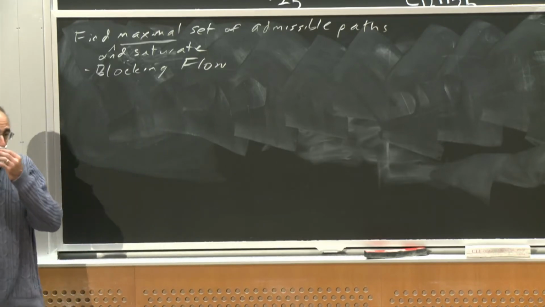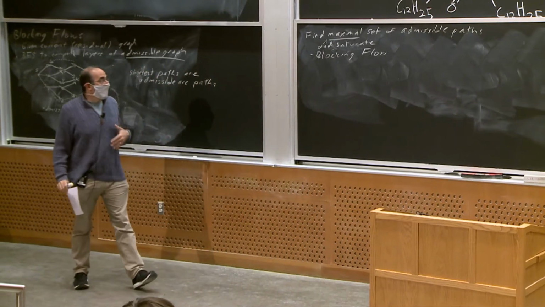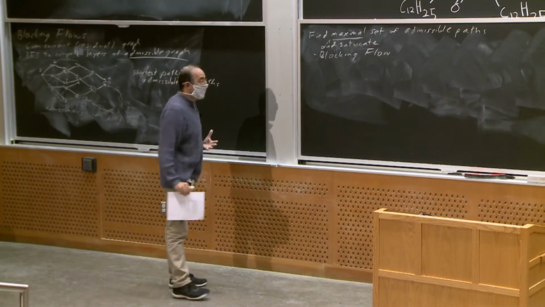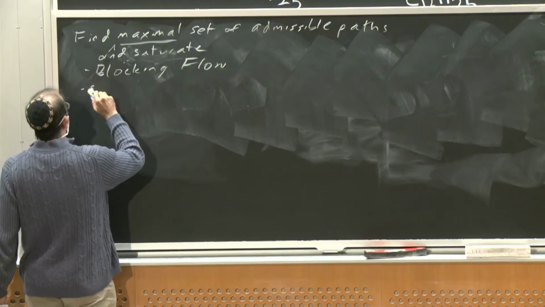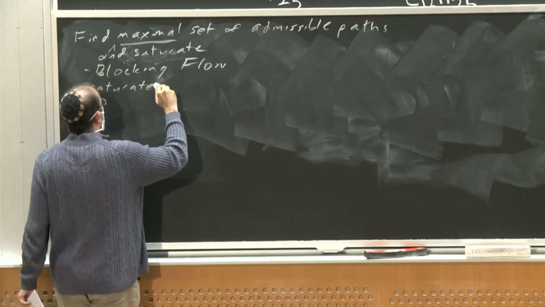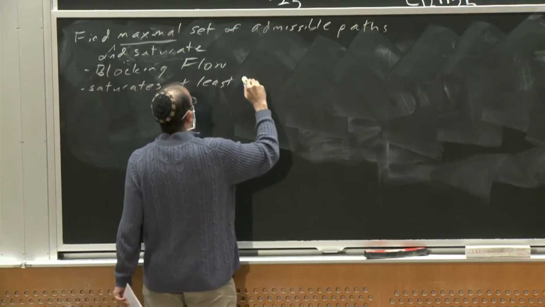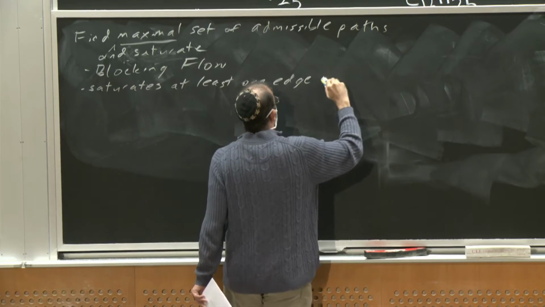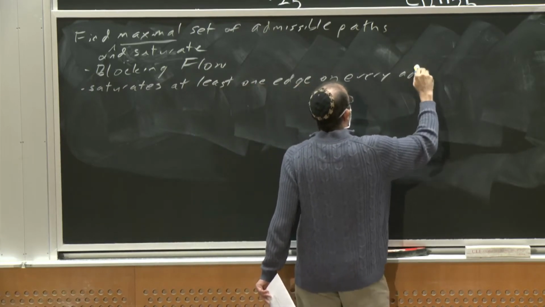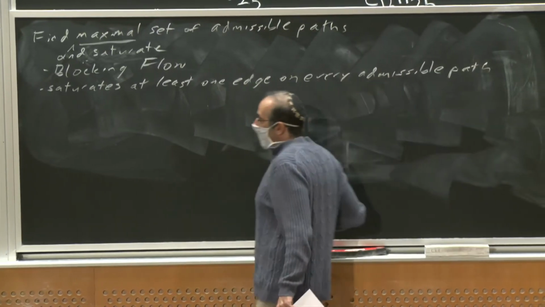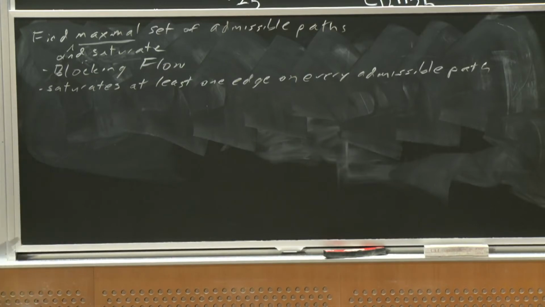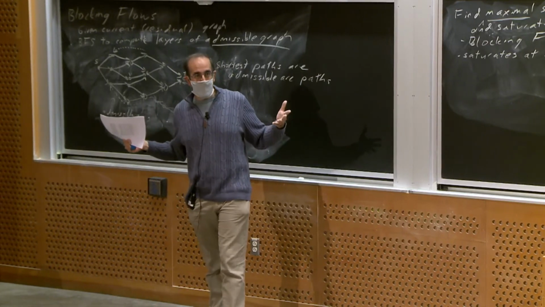It is a flow that saturates a maximal set of paths in this admissible graph. Okay? And another way to think about that is that it saturates at least one edge on every admissible path. Right? If there's an admissible path where you didn't saturate an edge, then you could use it to send more flow. So your blocking flow would not be maximal in that case. Right?